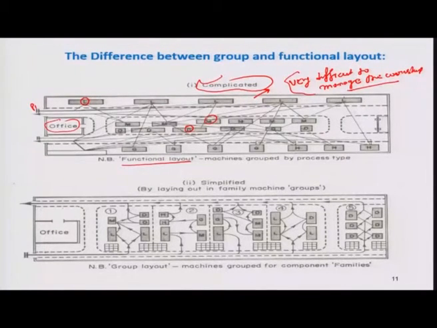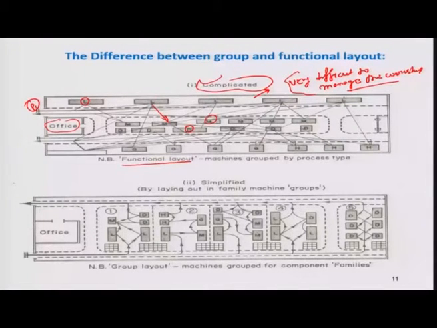If the number of parts is small, then it may work out, but generally in actual conditions, due to the variety of parts processed in a workshop these days, the paths become very complicated.